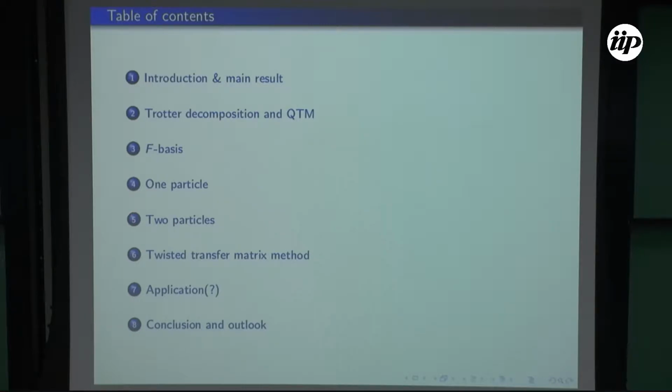The first one is based on the Trotter decomposition of the time evolution operator and some kind of partition function technique. And the second one is based on the twisted transfer matrix and spectral decomposition.